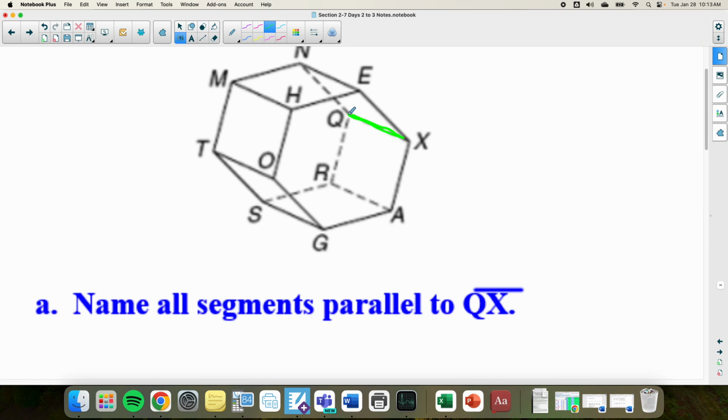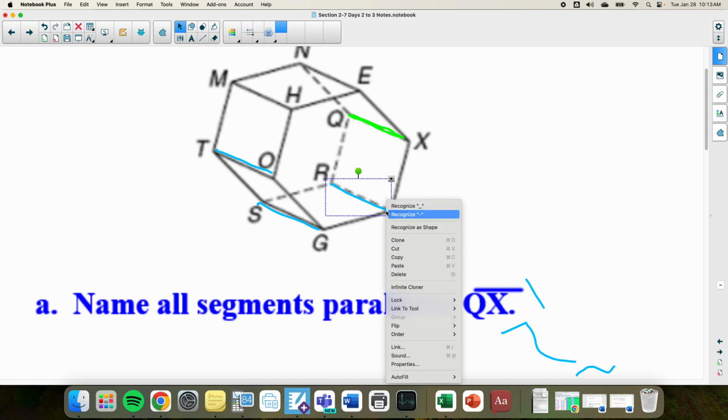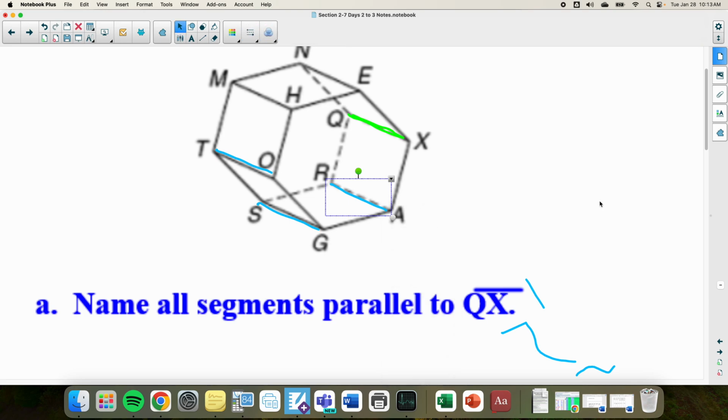Okay? TO is correct. Now think about, could you draw a plane that would go through them both? Like SG. Could I draw a plane that would go through this one and this one? I could, right? Is this already in the same plane? Yes. Yes. Is there any more?